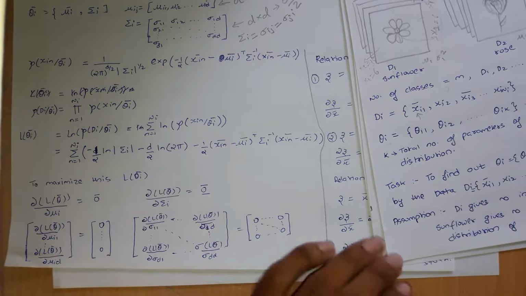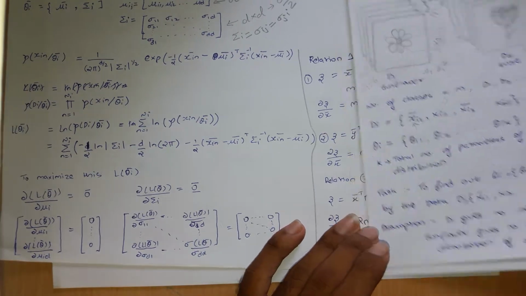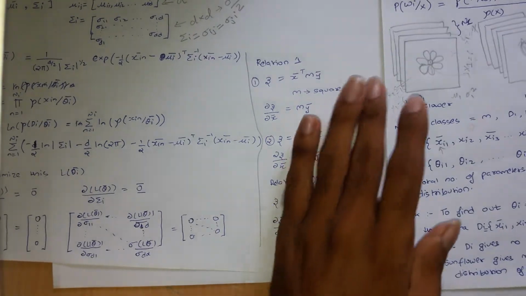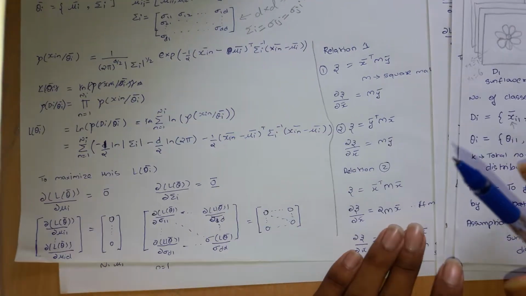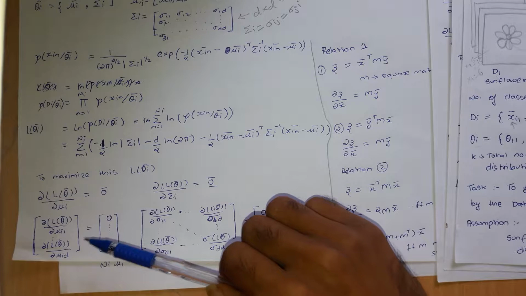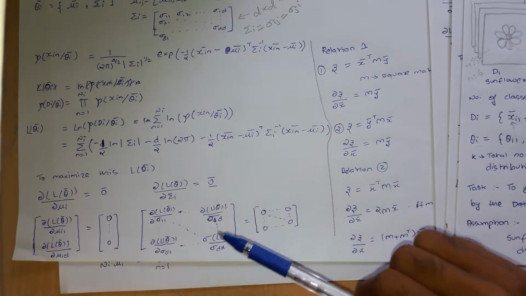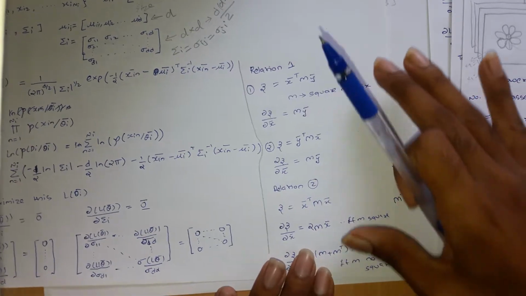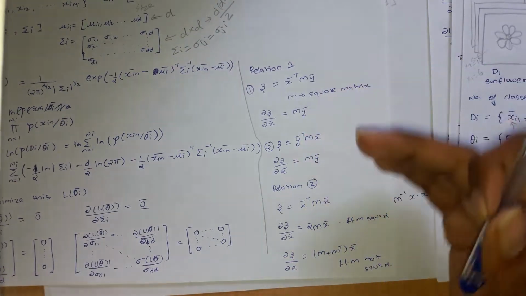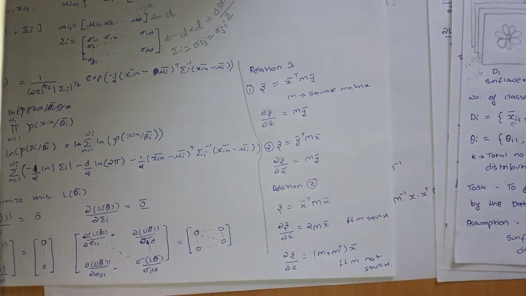That is what we are going to do in a few minutes. Because there is this whole vector differentiation and matrix differentiation, we'll need some relations. I'll keep these relations handy and we'll see where we need them. Let's see.